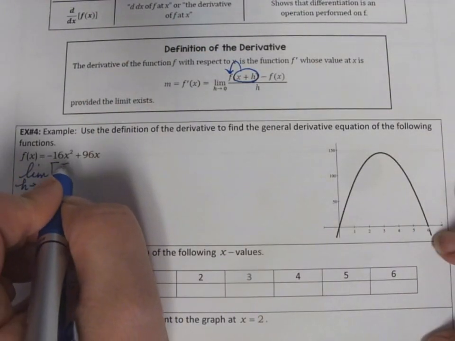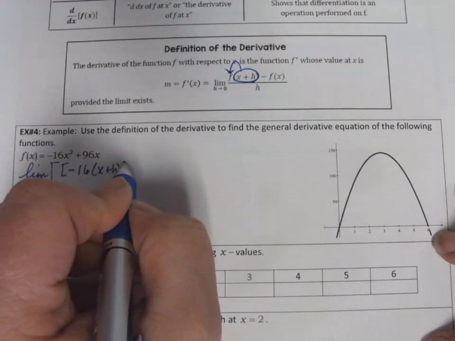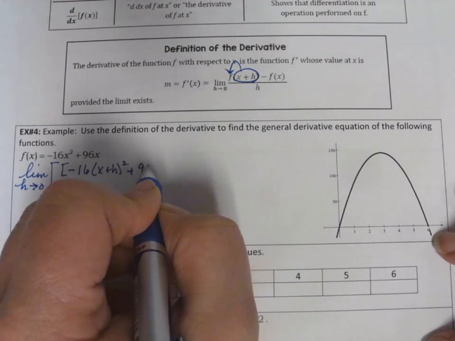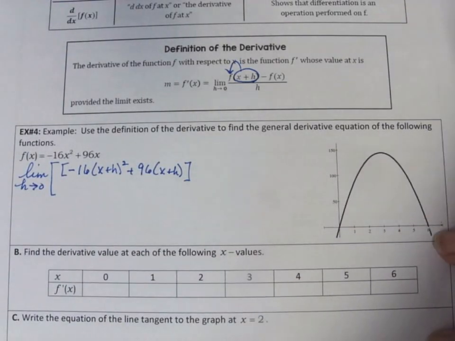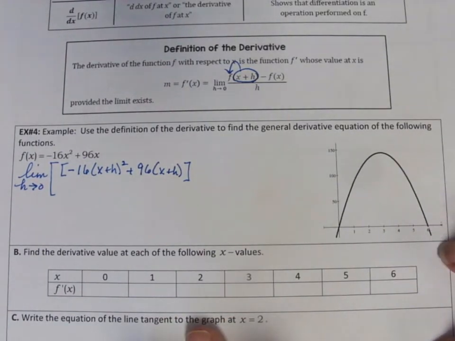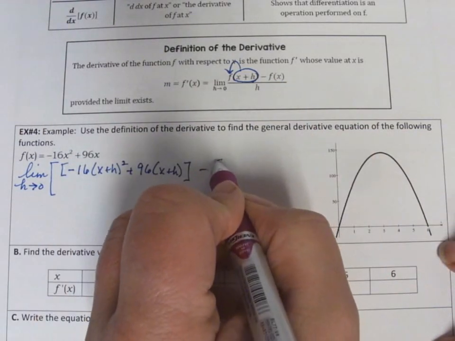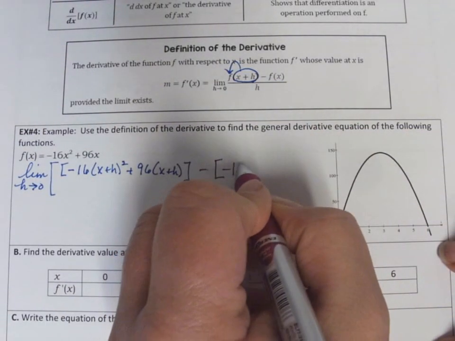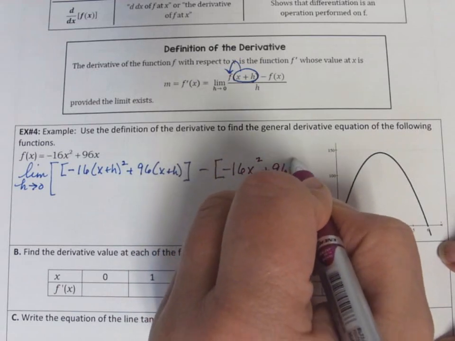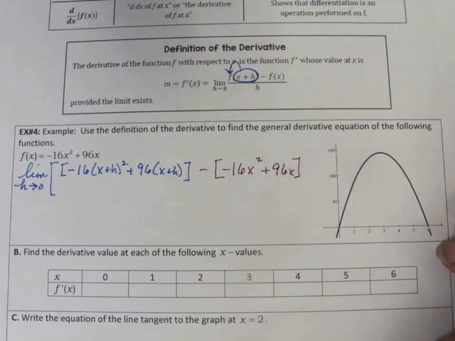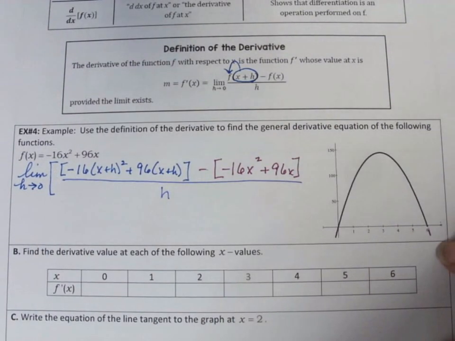So we're going to have negative 16 times x plus h quantity squared plus 96 times x plus h. So that is our f of x plus h. Then we're going to have a minus. Now we want f of x. Well, that's just going to be the original function as it is, negative 16x squared plus 96x. And then all of that is going to be over h.